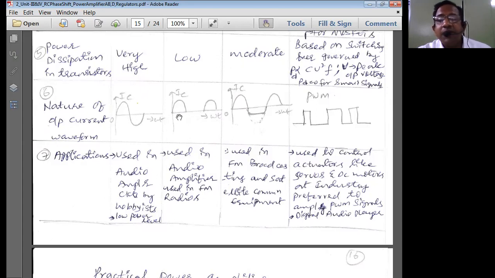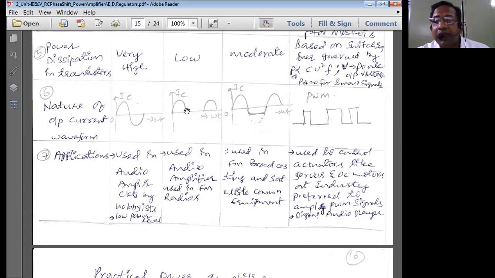Then coming to class B, only 180 degrees of the input signal is transmitted. The other part is not transmitted. Because of this, we say the firing angle is 180 degrees. So we should speak about the firing angle with respect to only one transistor.